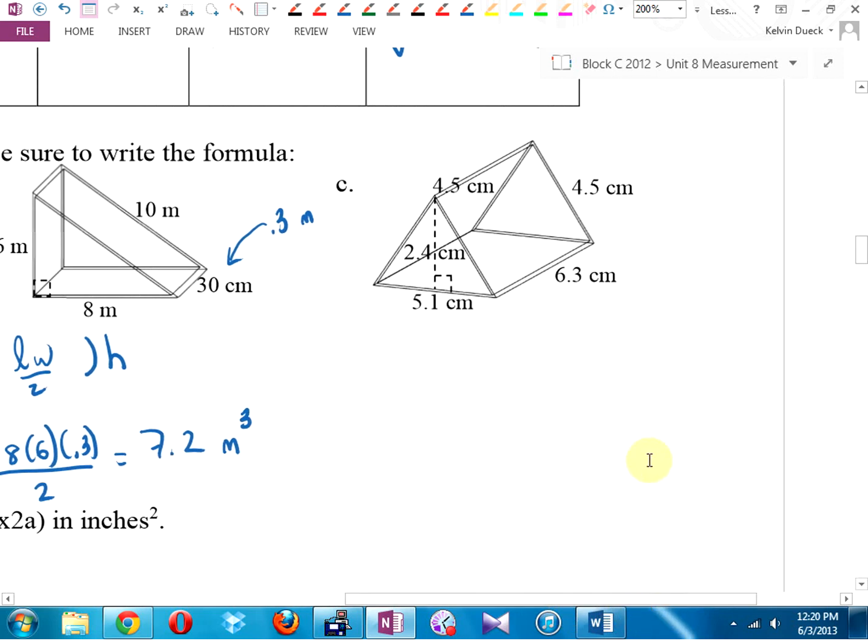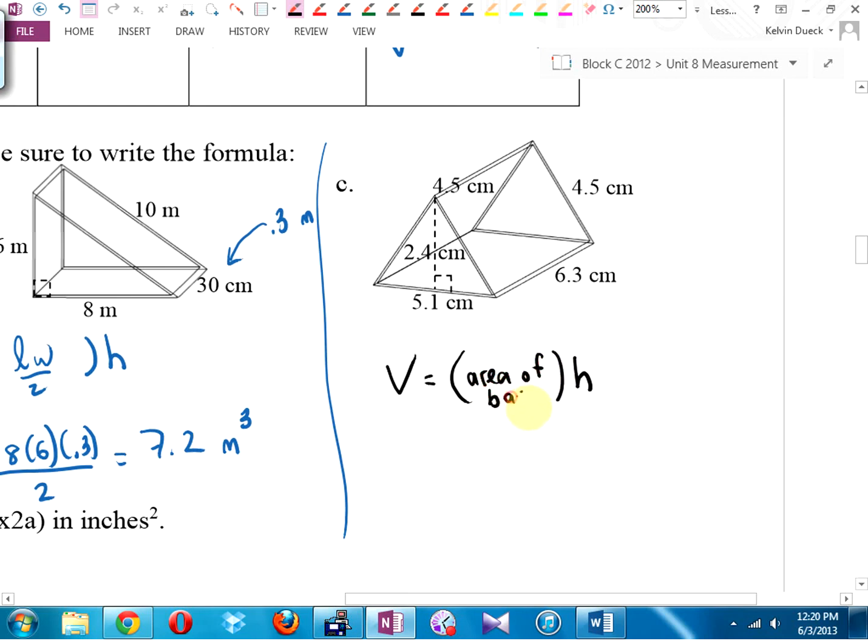C. This is also a triangular prism. Again, you need to imagine it, Sam, flipped up with the triangle on the top and on the bottom. So what's the volume going to be? It's going to be area of the base times the height. This is what it says on your sheet, yes?